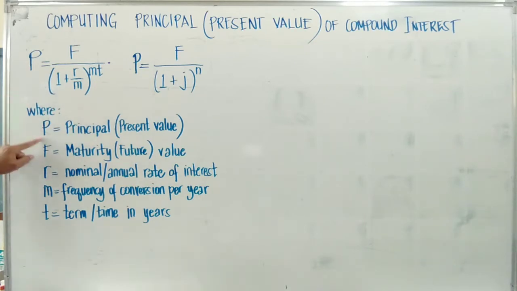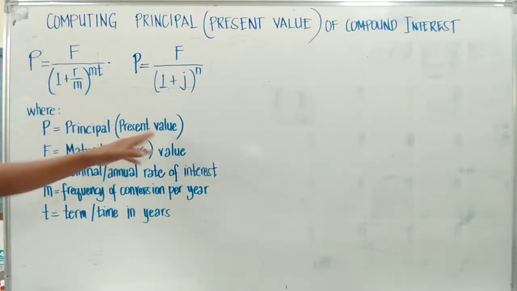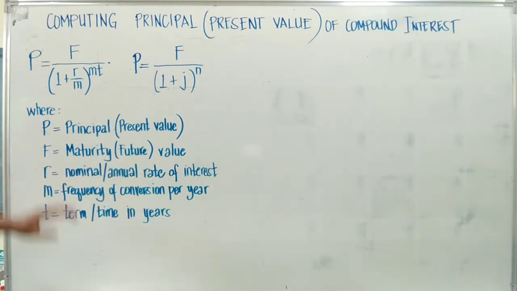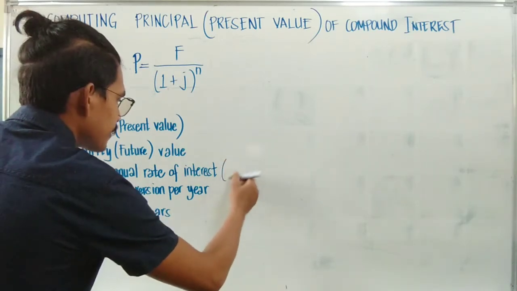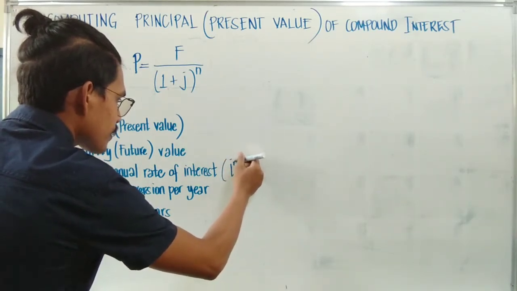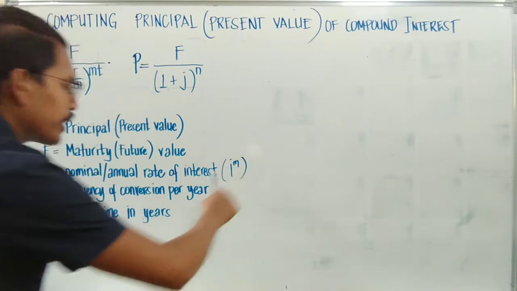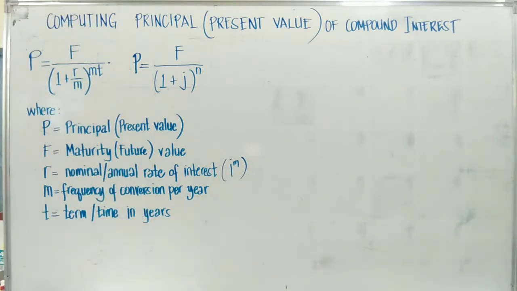So we have P for your principal or present value, F for your maturity or future value, and R is the nominal or annual rate of interest. Again, in some books you will find R as I raised to M, to denote your annual or nominal rate of interest. M is the frequency of conversion per year.